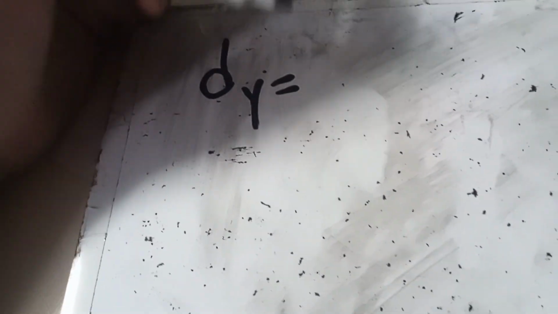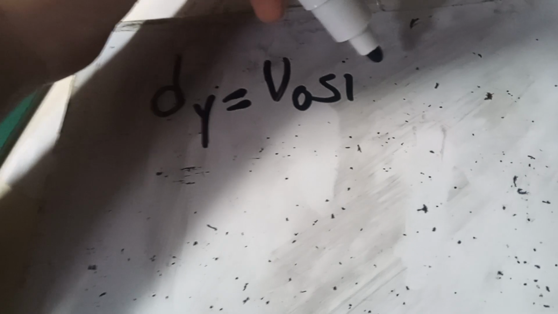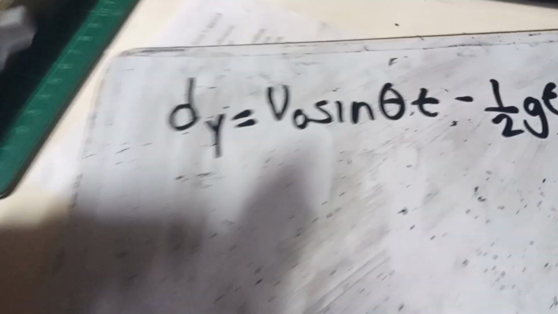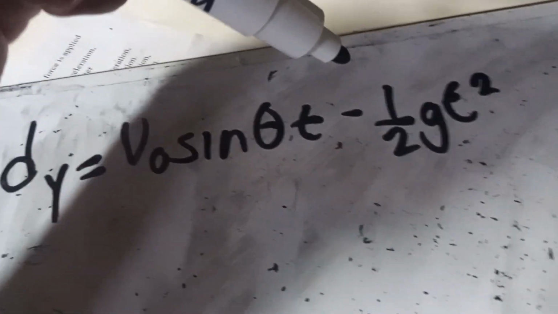So now looking at the formula for dy, for the height: v naught sine theta times time minus 1/2 g t squared. Notice, it's actually a quadratic equation, but instead of x and y, your y is dy and your x is time.